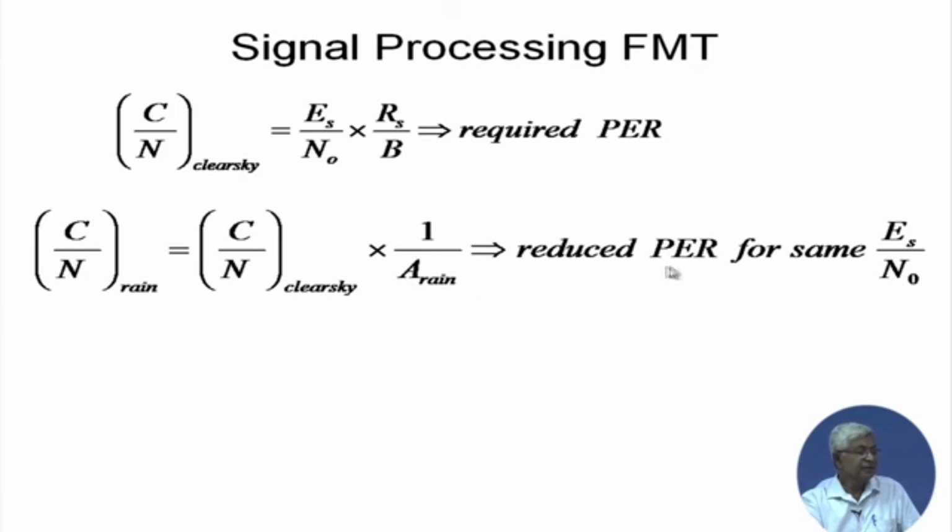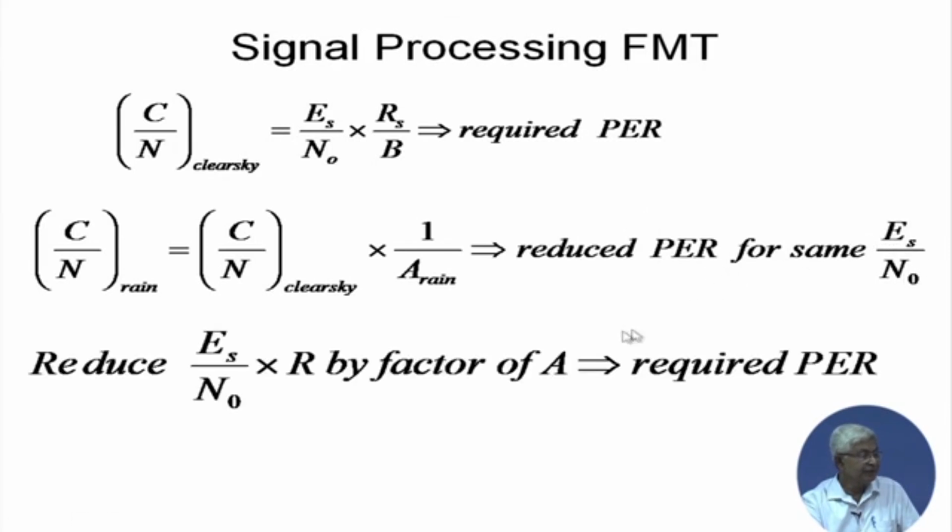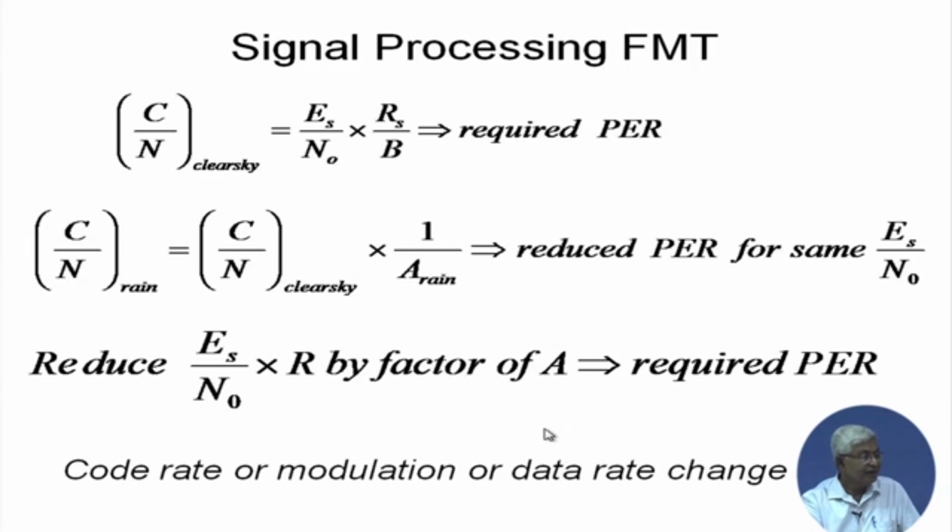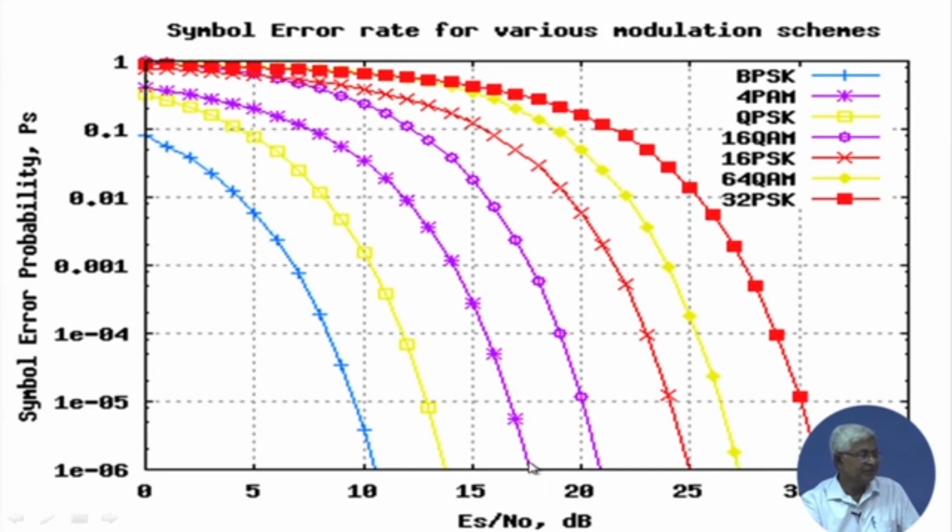So this will give a reduced PER for the same Es by N naught. But if I change this Es by N naught, we get a different PER. Reduce the Es by N naught by a factor of A, and you get the required PER. How? That is by code rate, modulation or data rate change. Let us look at it.